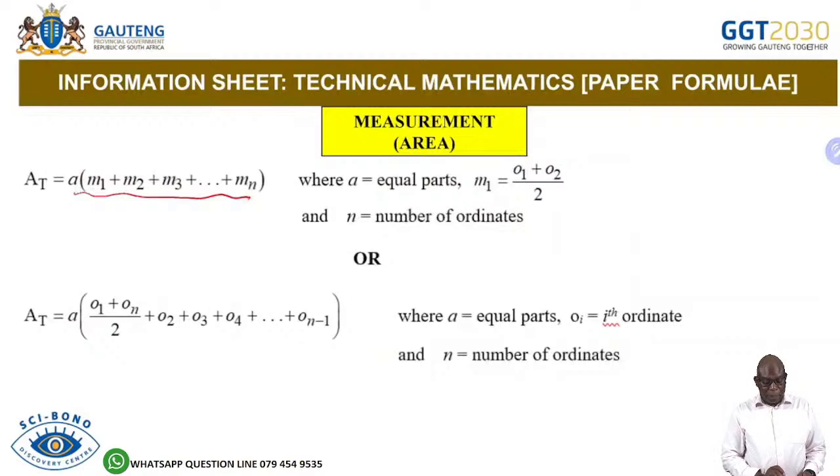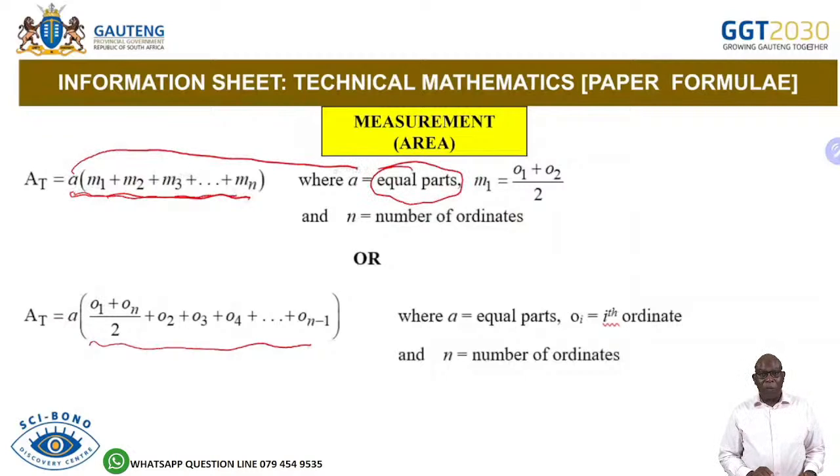So you see that this formula and that formula work almost the same. But remember, in this formula here, it is now written that the A is the equal parts. So in other words, mostly you find that the equal parts have been given, but sometimes they give you a long line with its measurement.